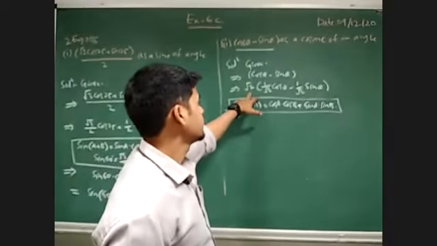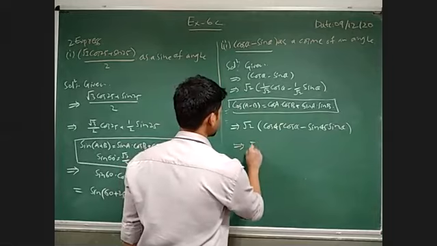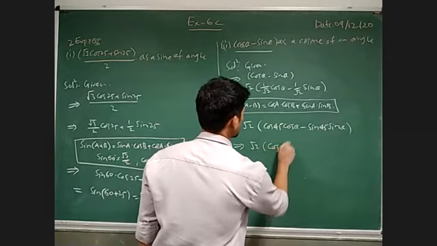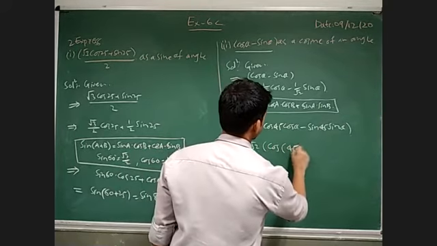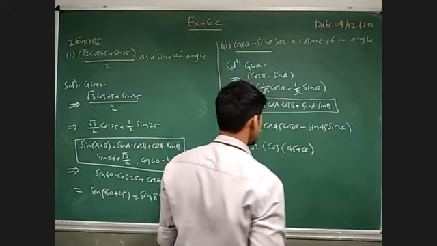See here, 1 by root 2 is nothing but cos 45, and also sin 45. So cos 45 cos theta minus sin 45 sin theta. After comparing these things with this formula, I am able to write cos a minus b. So here root 2 cos 45 plus theta.